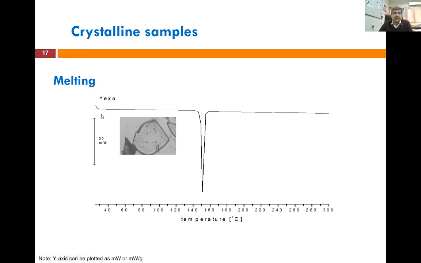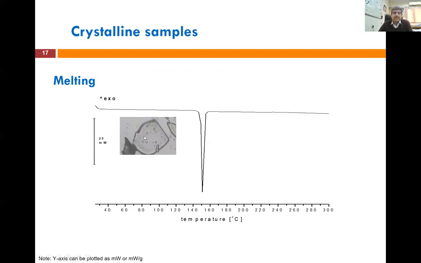So this is a compound that has been heated from the room temperature, and it shows a melting endotherm at around 150 degrees Celsius. As I told you, in this DSC, the endothermic events are shown as a downward shift, while exothermic events are shown as an upward shift. In this particular heating curve, no exothermic event is being seen.